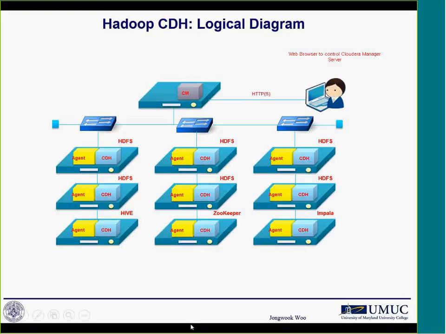There are 10 nodes here. The first node is Cloudera Manager, which can easily install Hadoop to all 9 nodes in 30 minutes. That is the main point. For Hortonworks, there is Ambari, which is open source, to install Hadoop on many clusters. So this is how it looks.